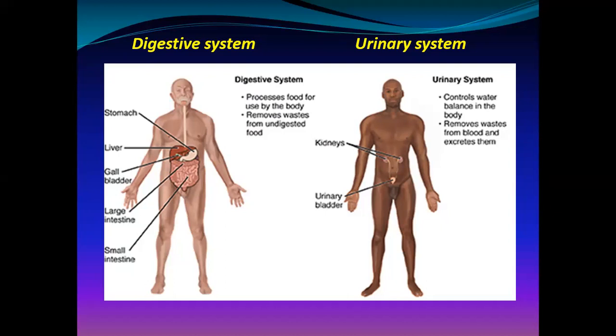And then the urinary system. The urinary system controls the electrolyte and water balance in the body. Water balance is whether we are in a dehydrated condition or a hydrated condition, and how our electrolytes are balanced, right?